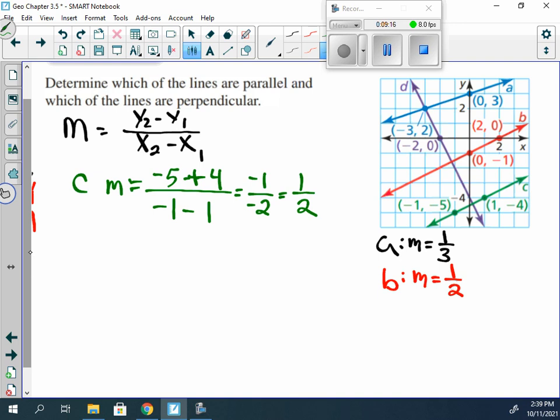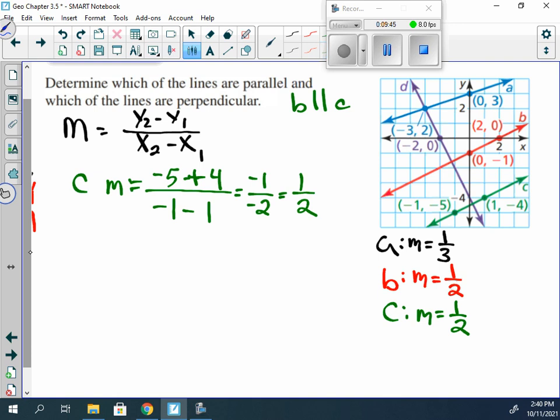So line C's slope is the same as B, which tells me what? Parallel, because if two lines are parallel, they have the same slope. Y'all did this last year. So if two lines have the same slope, then they are parallel.